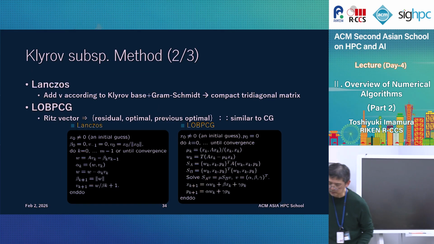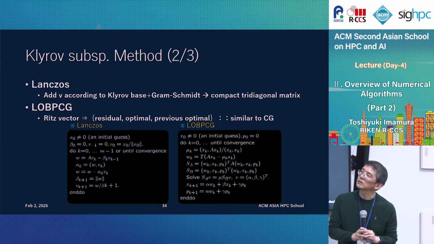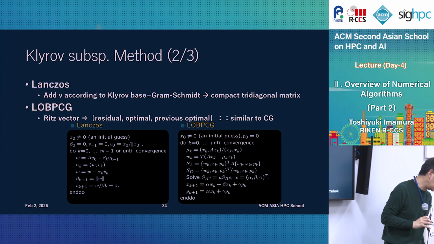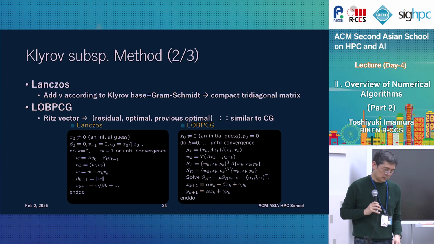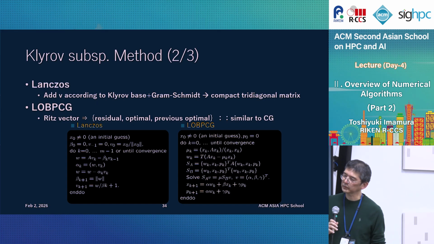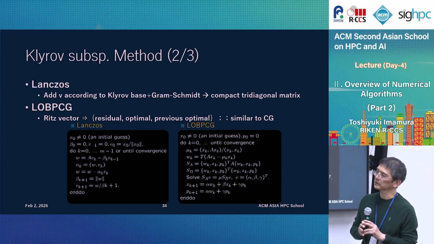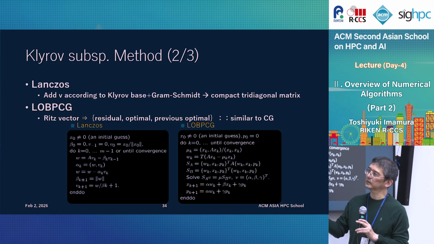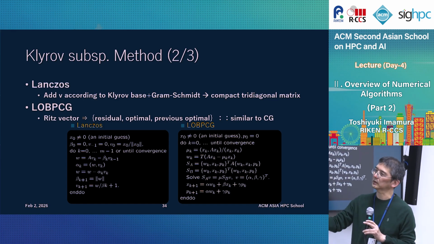Okay, so one typical one is Lanczos and LOBPCG algorithm. I think Lanczos is the very conventional approach, in the very classical numerical linear algebra textbook for sparse eigenvalue computation.